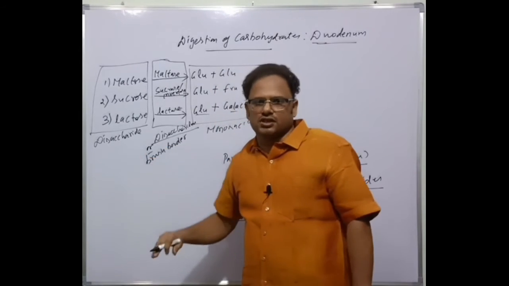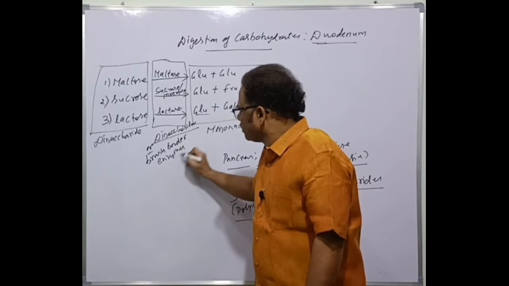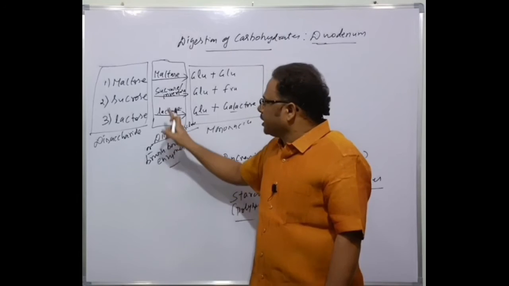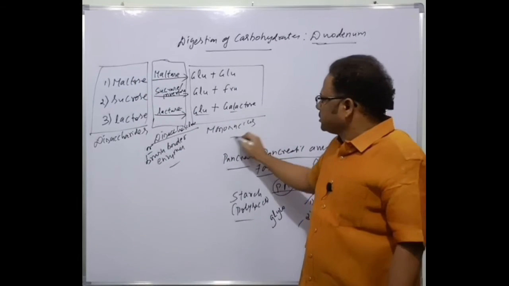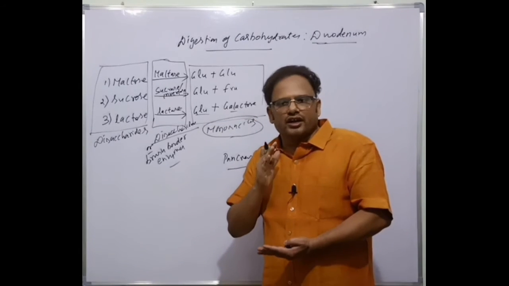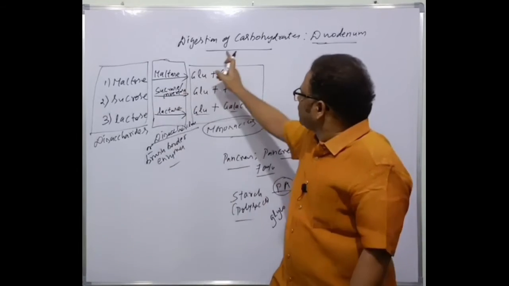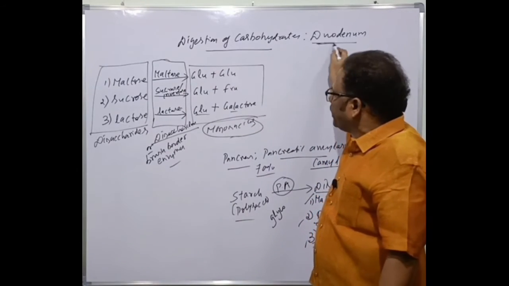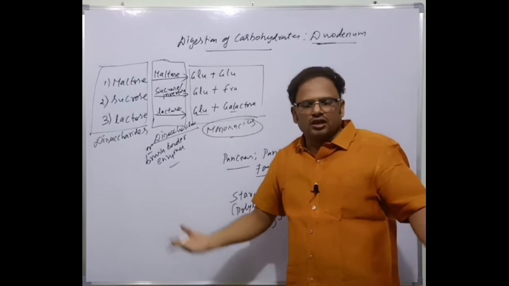In the previous sessions we have discussed this. The disaccharidases break the disaccharides into monosaccharides. The monosaccharides are the end products of carbohydrate digestion. Finished here. So there is an accomplishment of carbohydrate digestion in the duodenum also.